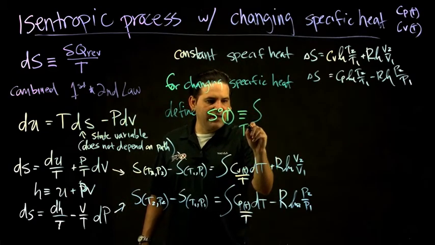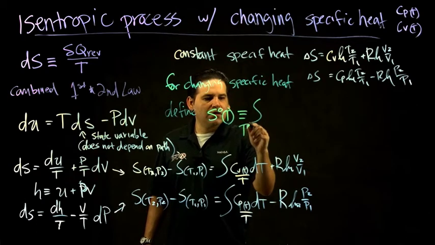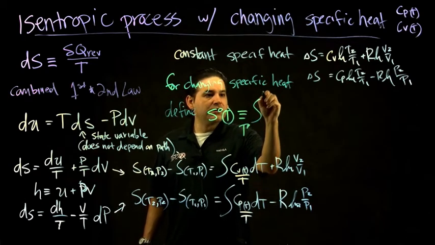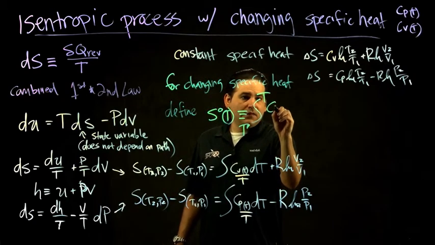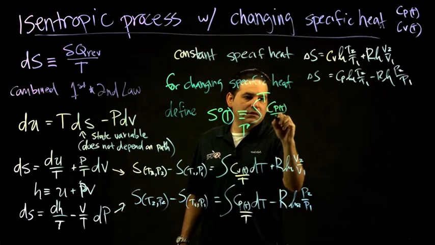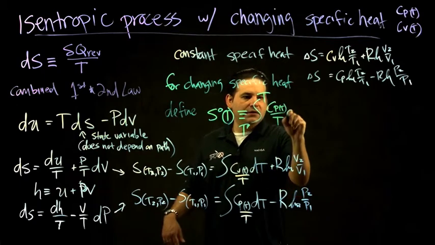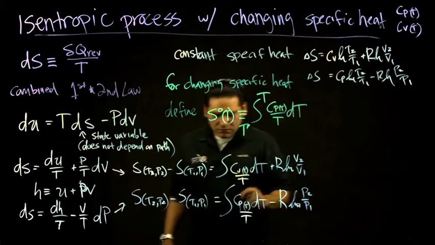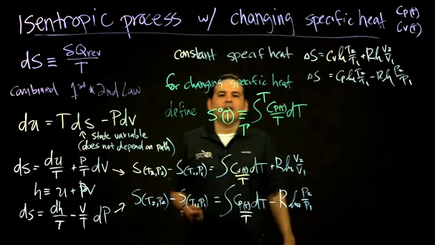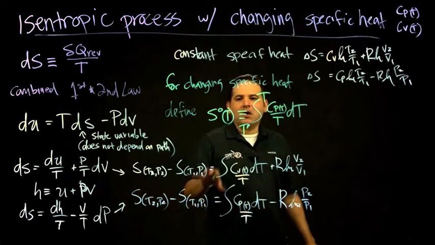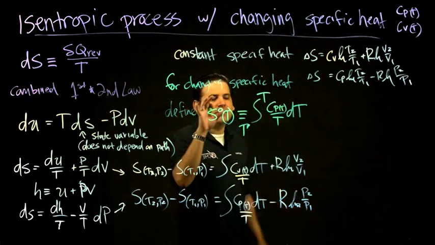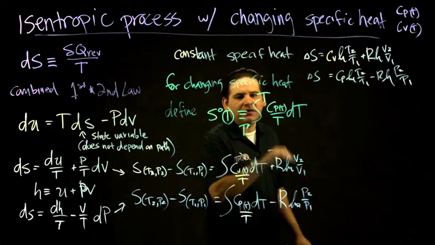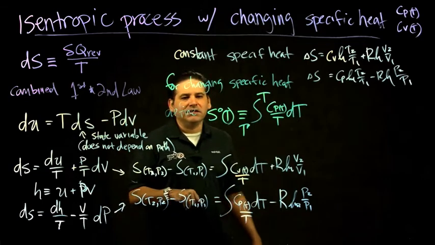So we're going to say that this integral from some reference temperature to some temperature you care about is related to this integral here. This is going to be our reference point, which will allow us to tabulate specific heat effect on the process.